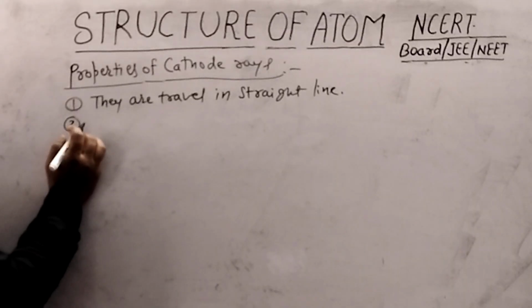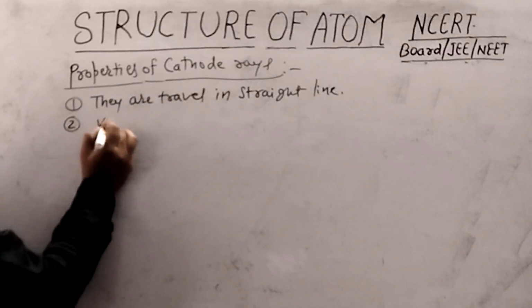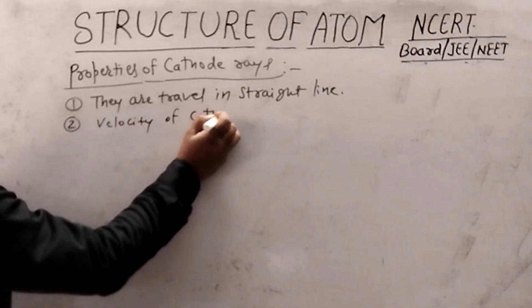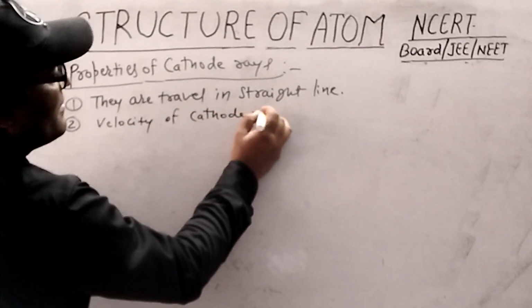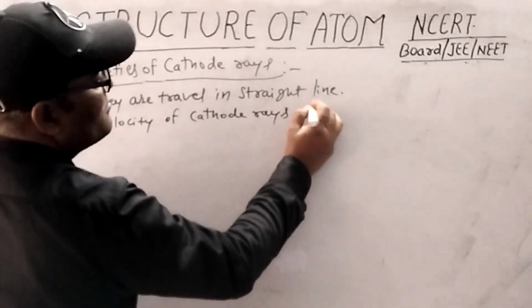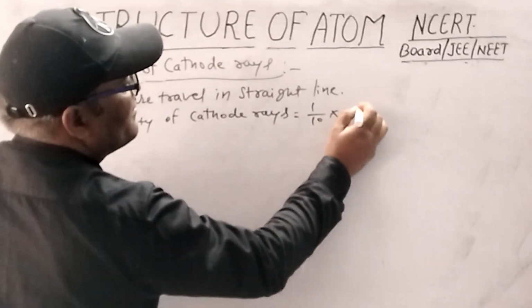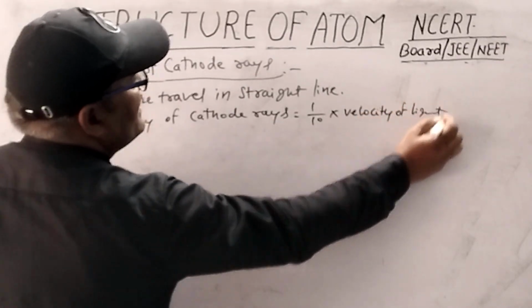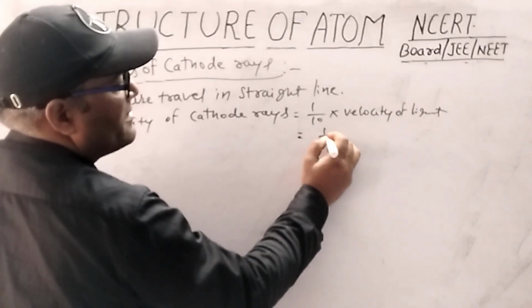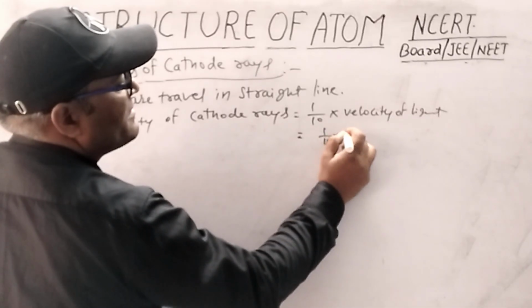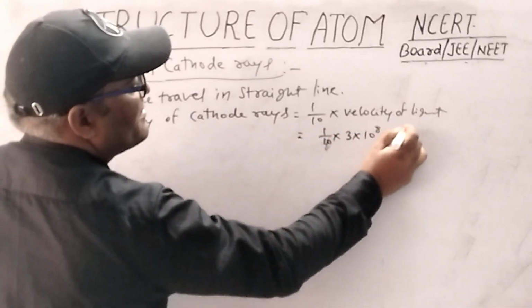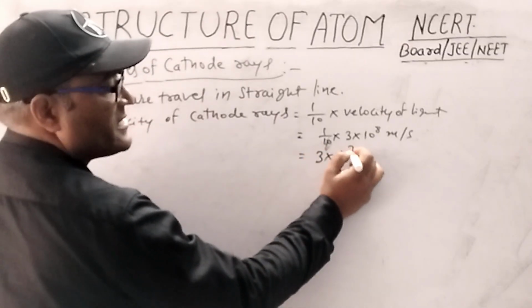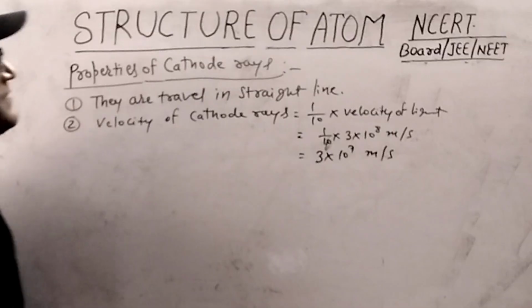Second property of cathode rays is that the velocity of cathode rays is equal to 1 by 10th of the velocity of light in vacuum. So 1 by 10th multiplied by 3 into 10 to the power 8 meter per second. After calculation, 3 into 10 to the power 7 meter per second is the velocity of cathode rays in vacuum.